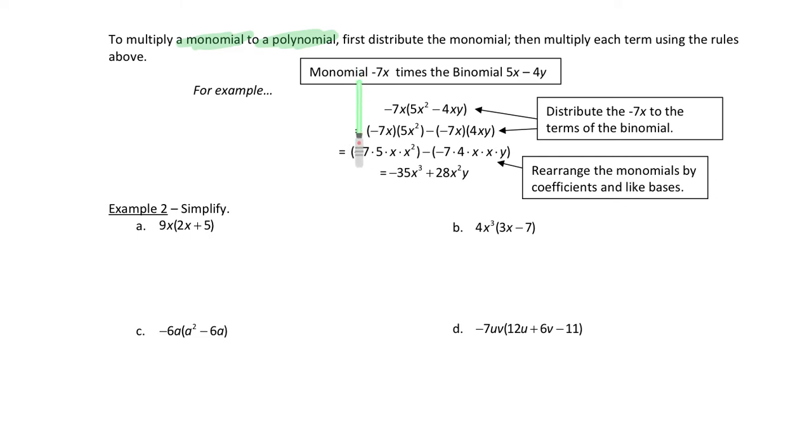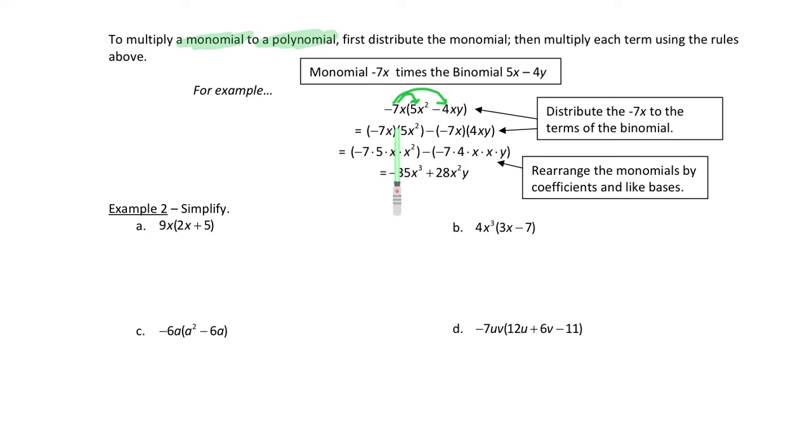It's been a while since we've seen that, but you can see we're going to take this monomial of negative 7x and multiply it to this binomial of 5x minus 4y. We're going to take that negative 7x and multiply it to each term, distribute it. You can see what that looks like in the next line.